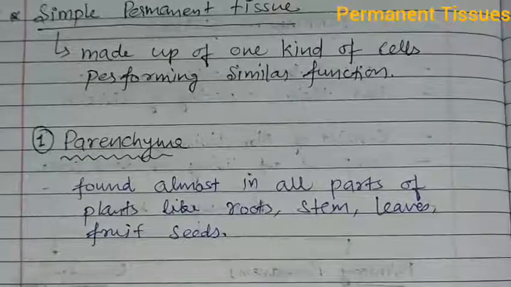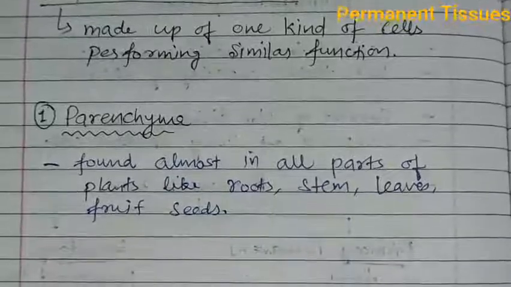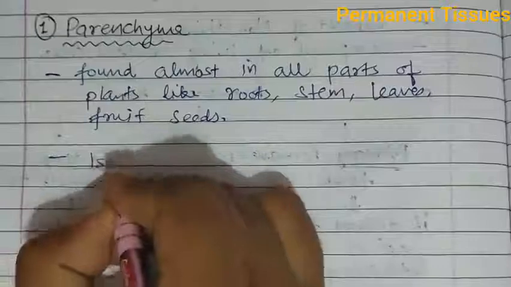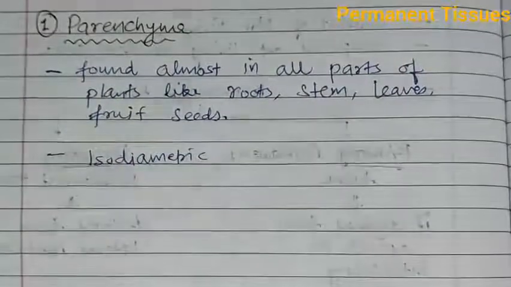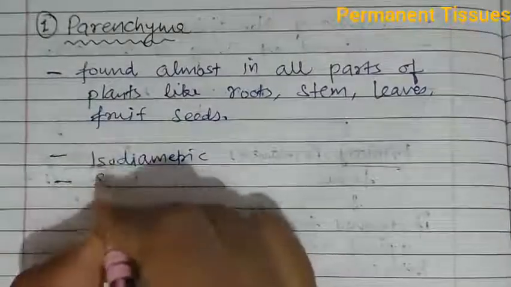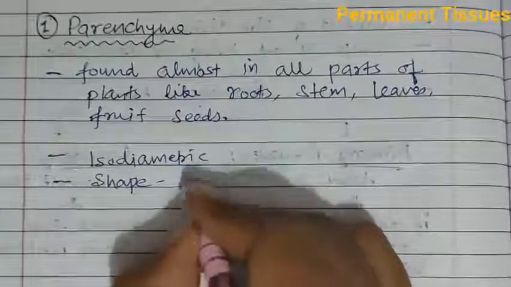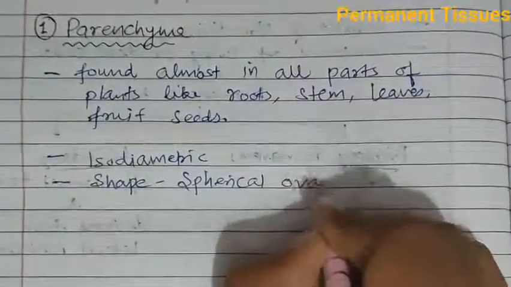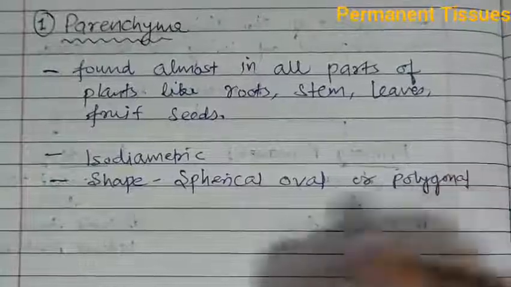As for the characteristics of parenchyma, its cells are isodiametric. They are made up of cells of similar size. The shape of parenchyma cells can be spherical, oval or polygonal.